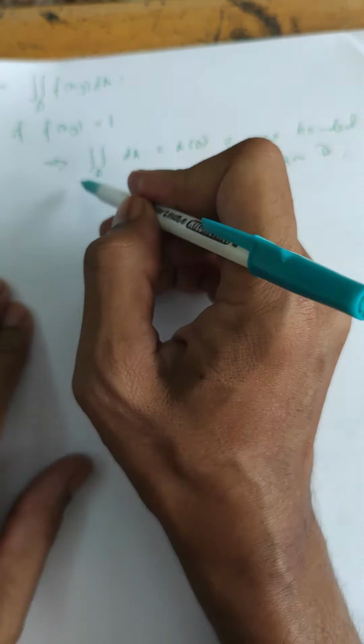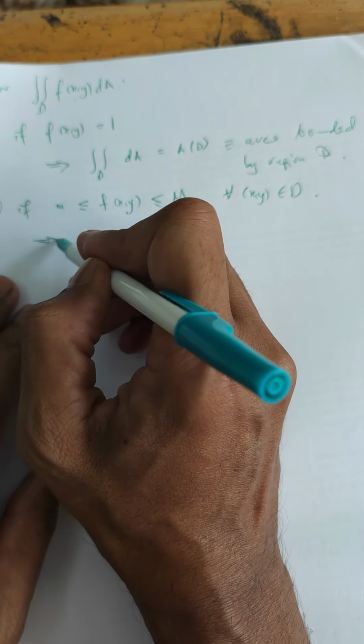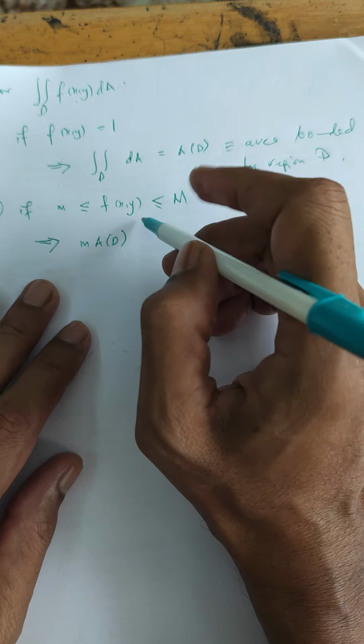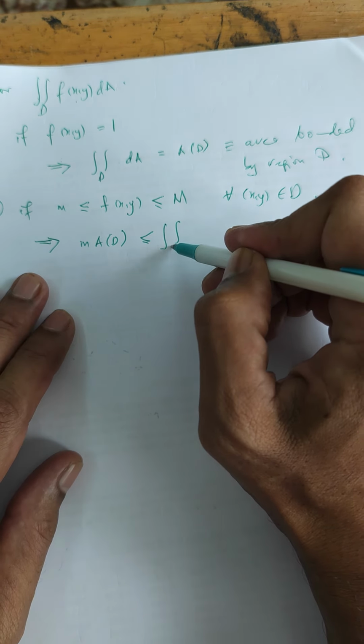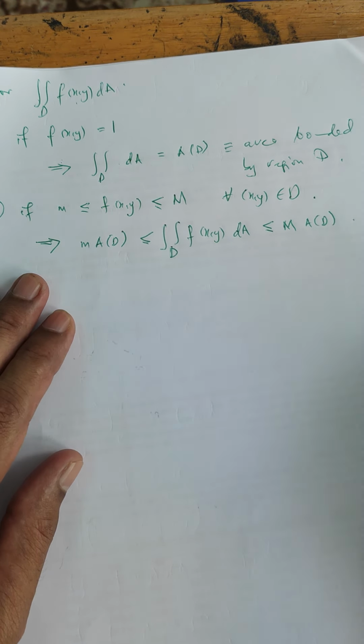Property number 6: if we have some constant m less than f(x,y) and greater than some constant m for all (x,y) in the region D, then we have m times area of D less than the integral over region D of f(x,y) dA less than M times area of D.